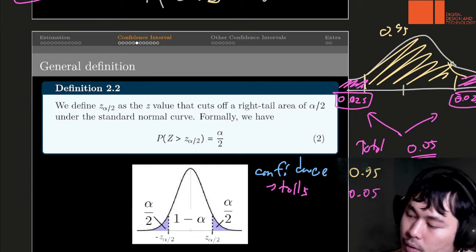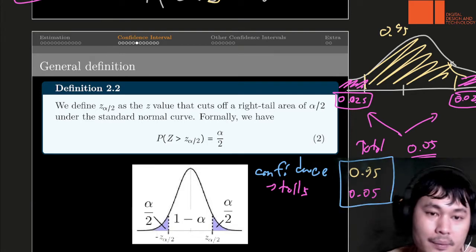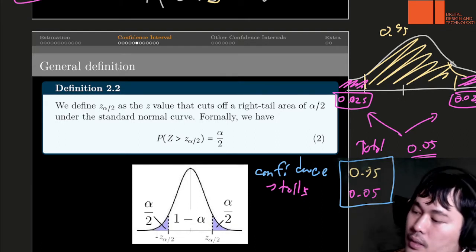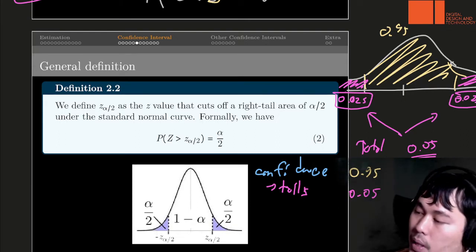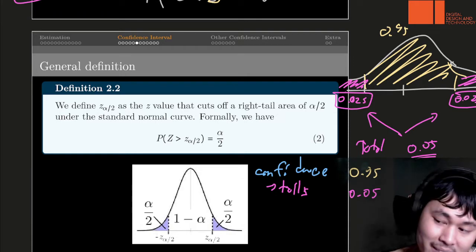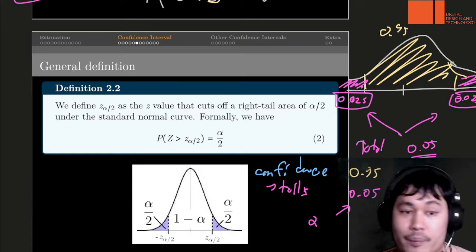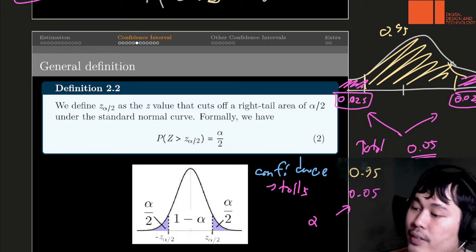And again, since we know that the sum of these two must be 1, and if the middle is 0.95, then the ends must total to 0.05. And here in this definition, this alpha is actually the small value, the areas outside this curve.